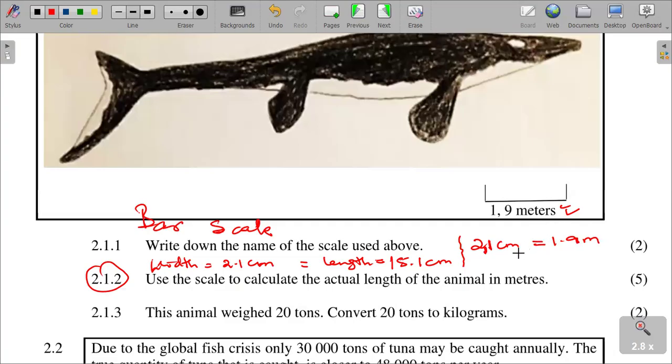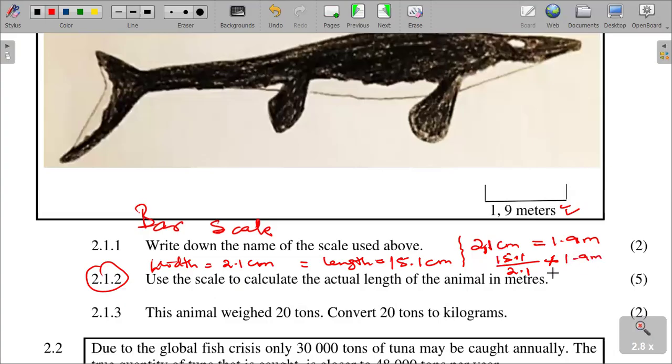And then we are going to say 15.1 over 2.1, multiplied by 1.9, because we are given that our actual scale is 1.9 meters.